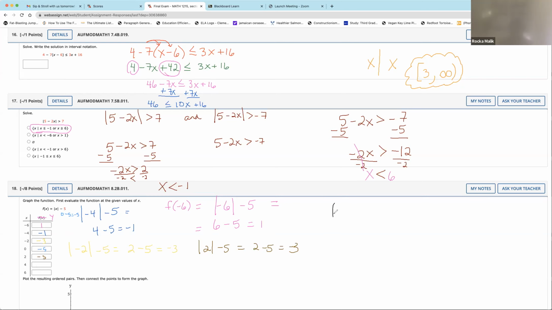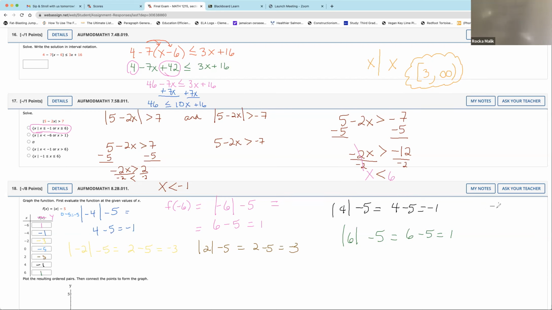Four: absolute value of 4 minus 5 is 4 minus 5 equals -1. Six: absolute value of 6 minus 5 is just 6 minus 5, which equals 1. I can remove this, but these are my points that I can plot.